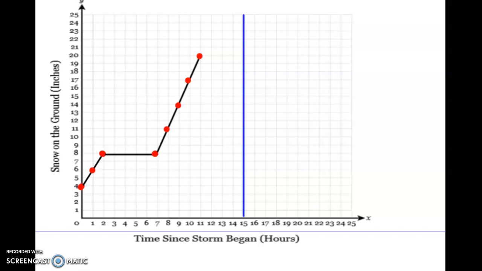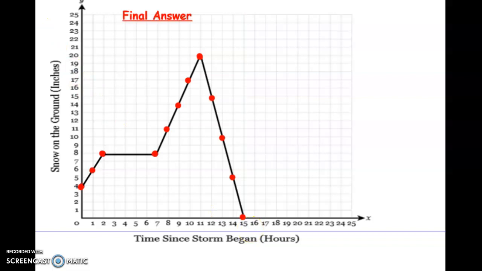But since it's melting, it's going down, so you go down 5 inches and then over 1, down 5 and over 1, down 5 and over 1, down 5 and over 1, until you get to 4 hours later, right here. Again, you do not need the blue line. So that's your final answer.